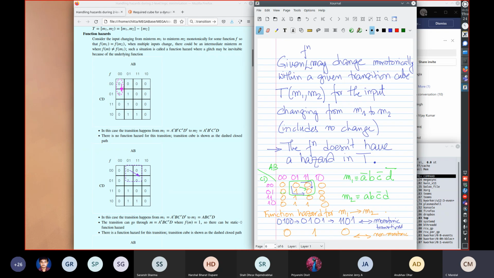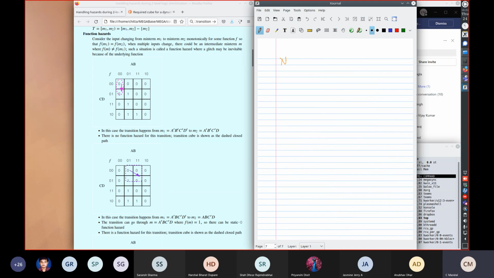So when we talk about avoiding hazards, nothing can be done about function hazards through implementation.